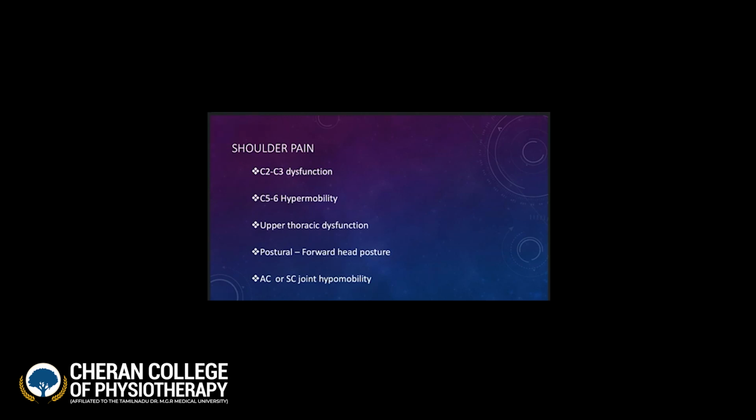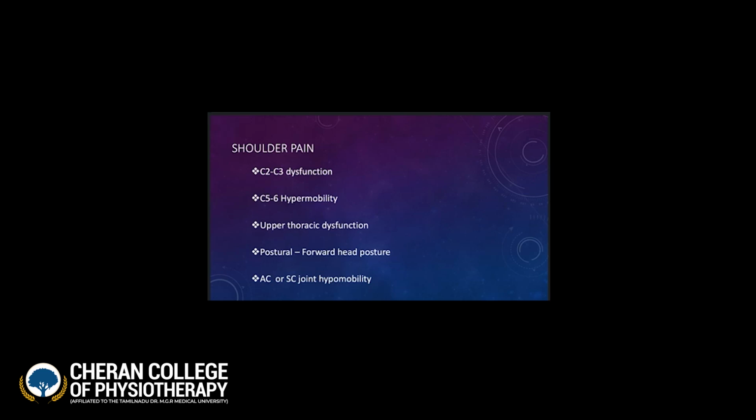So you guys would probably see more of this than what we are seeing right now, more and more often, especially as younger kids started using their cell phones, I don't know, at the age of 2 or 3 now. Their forward head posture is going to be a huge, huge problem, and that will lead to shoulder dysfunction. And obviously, if there is a problem with AC joint hypermobility, that can cause shoulder problems.